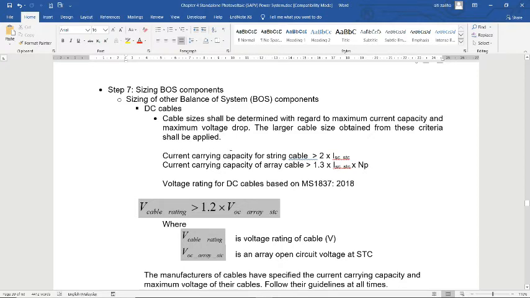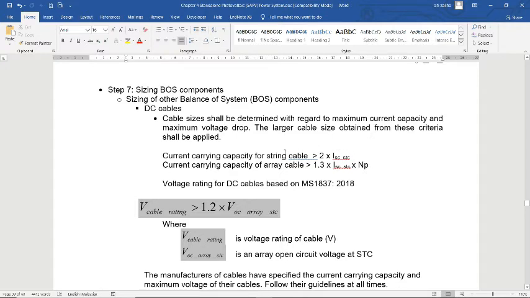So the current carrying capacity, CCC, for string cables. This is for a string of PV modules. When you put PV modules together, the connection is in series. You need a string cable with CCC greater than 2 times ISC STC, the short circuit current of the PV module.